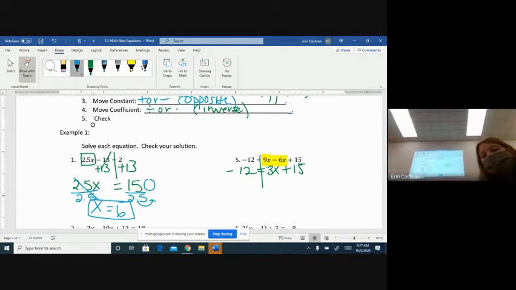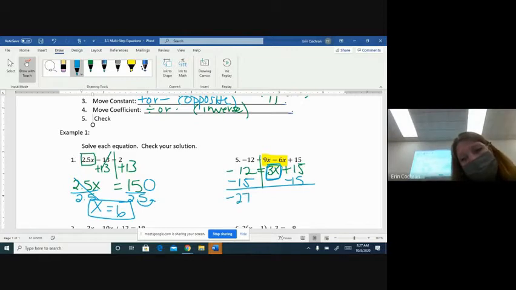Now, looking at these, solving for the variable of 3x, what's the constant on the same side? 15. So how do I move a plus 15? Subtract the 15. Good. And what's negative 12 minus 15? Negative 27 equals 3x. And 15 minus 15? 0.